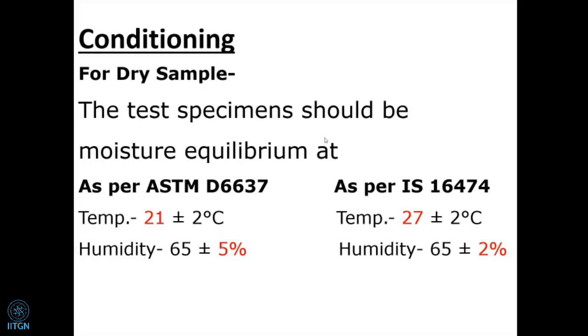As per Indian standard, the temperature requirement changes to 27 plus minus 2, and the humidity requirement remains the same. So we have to keep our dry specimen under this condition till the moisture comes to equilibrium up to 0.01%. When we check the moisture, the variation should not be more than 0.01%.